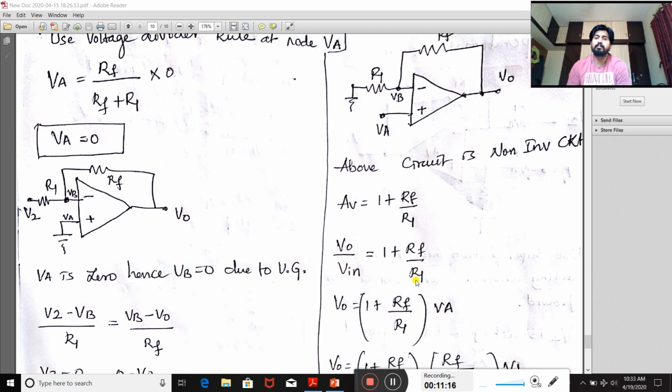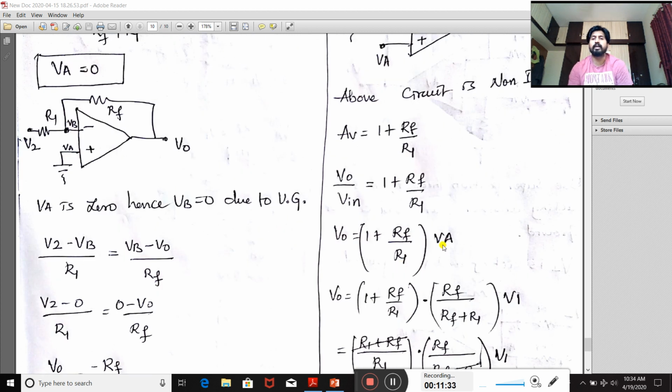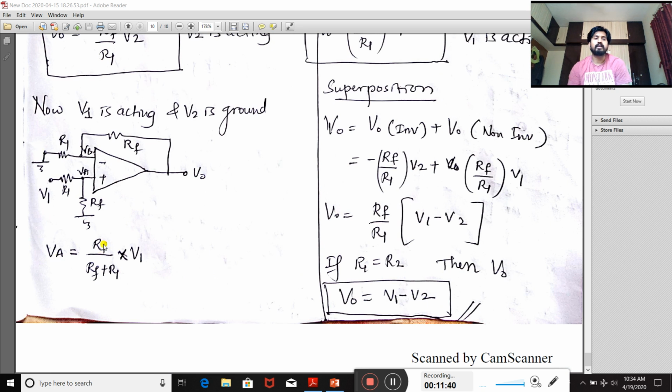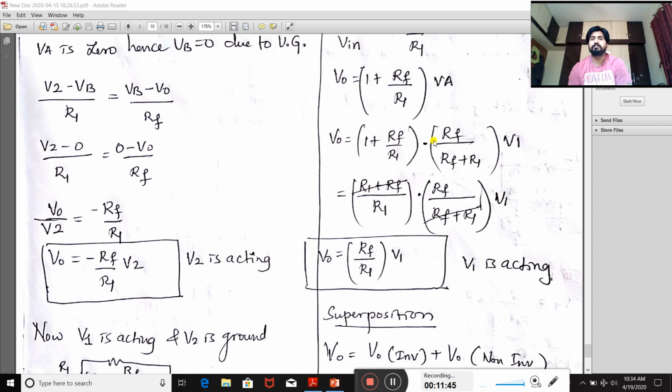Then next, multiply this into V input. So V naught is equal to 1 plus RF by R1 into V input. But here I will not write V input as V in, because here the input voltage is VA, and that voltage we have already determined. So I will write VA, and substitute the value RF divided by RF plus R1 into V1.